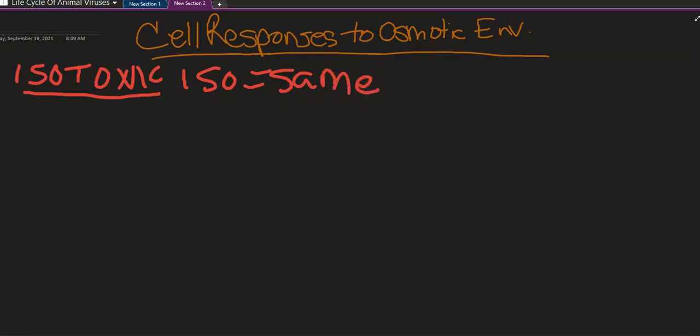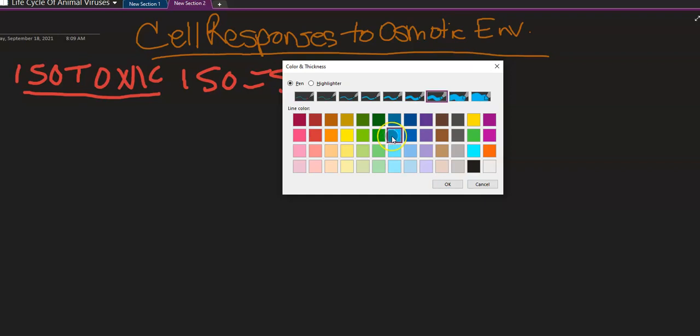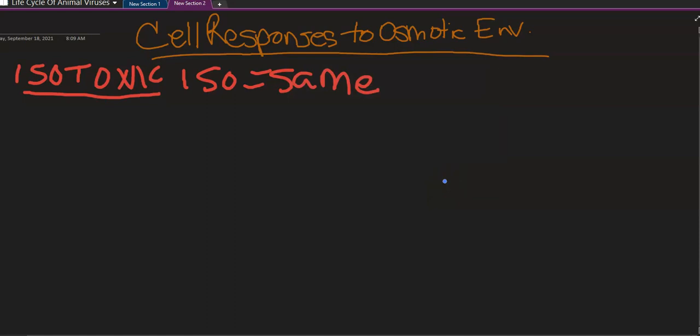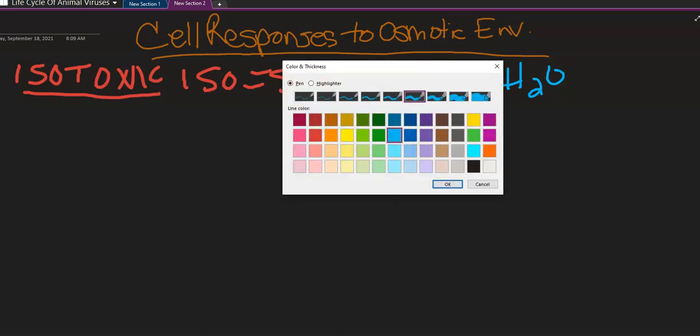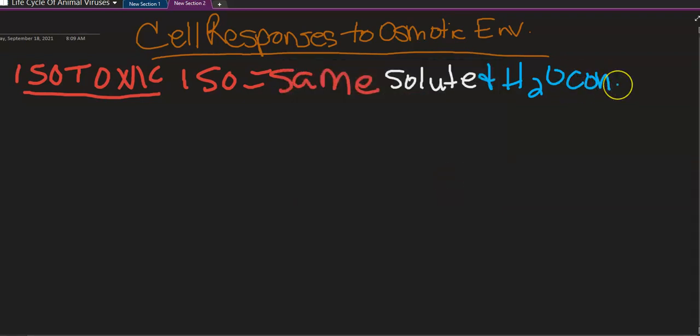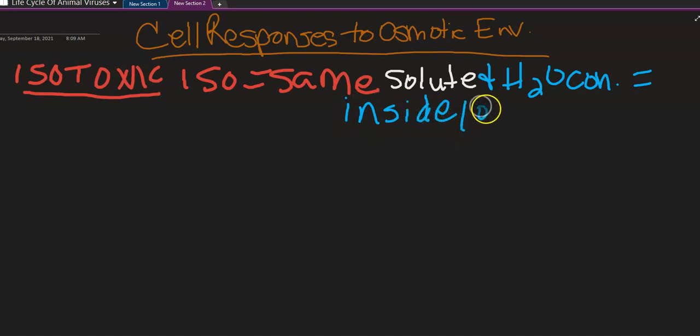And so what isotonic is telling us, when we read that about the environment of the fluid inside and outside of the cell, is that the solute and the water concentration is the same, okay? It is equal inside and outside of the cell.